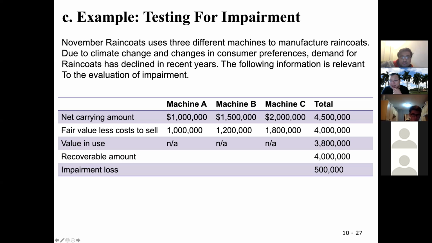Yes, all 3, and you can see the total has a value in use. You can read here that the company uses 3 different machines to manufacture raincoats. These 3 machines depend on each other to generate cash flows, so one machine on its own cannot generate independent cash flows. That's why this cash generating unit is the group of assets with the 3 machines A, B, and C. Does that make sense? Say yes. Yes.